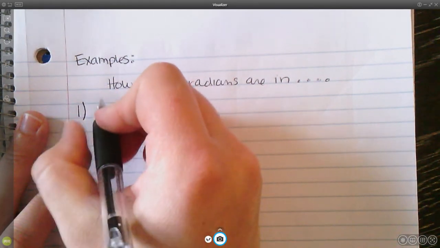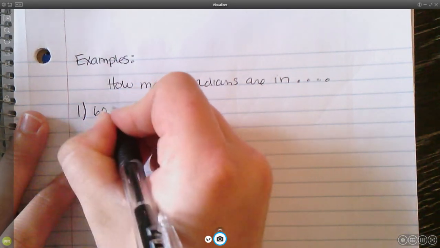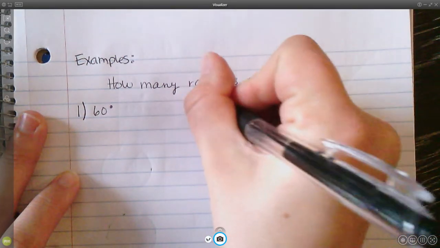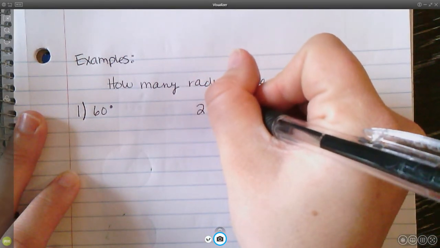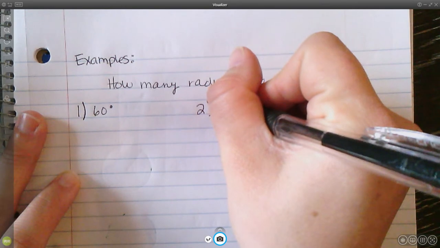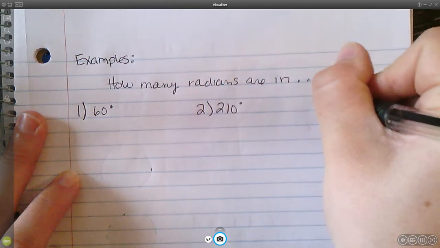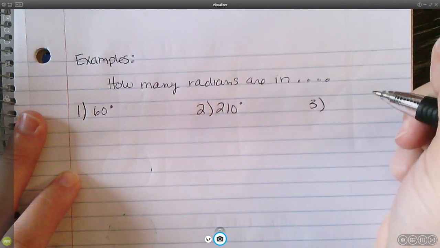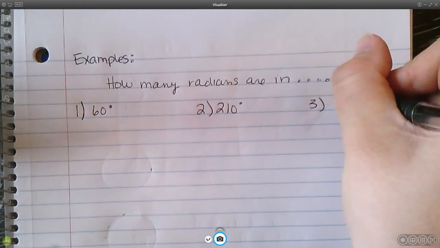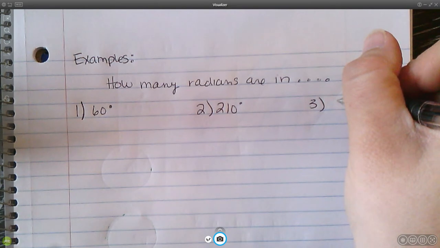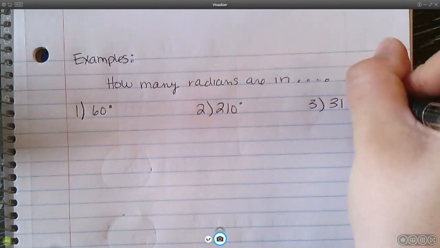Let's go with 60 degrees. Number 2, let's do 210 degrees. And 3, let's do 315.